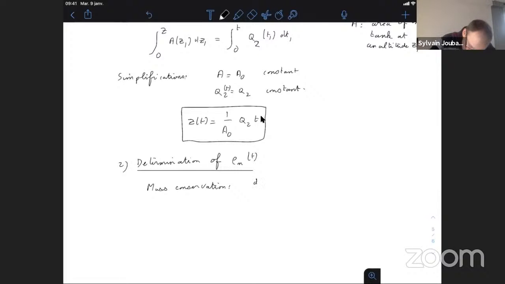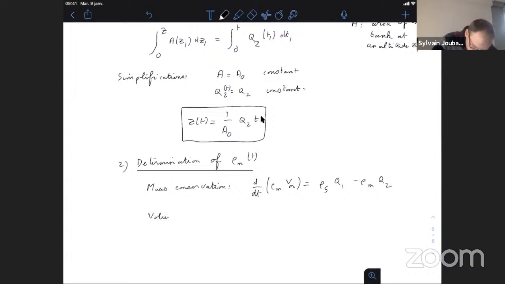which is d(rho_m V_m)/dt. So the density is the density that's arriving in the tank minus the density out. That's mass conservation.